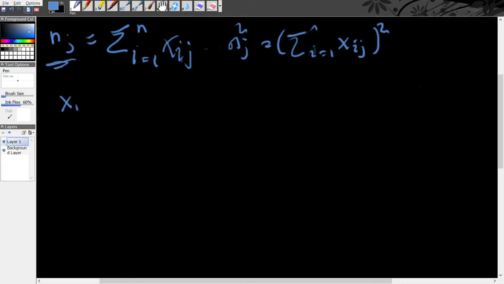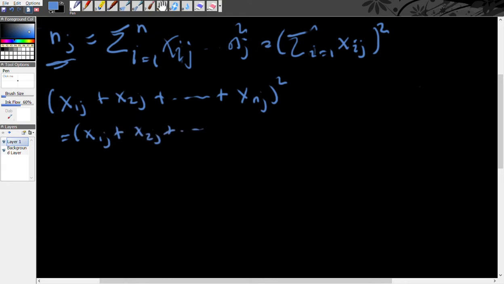Think about it this way. When I have nj squared, it's like summing this squared, so it's x1j plus x2j plus so on and so forth until xnj, all squared. So what does this come down to? Let me expand this so that it's a bit more visual.